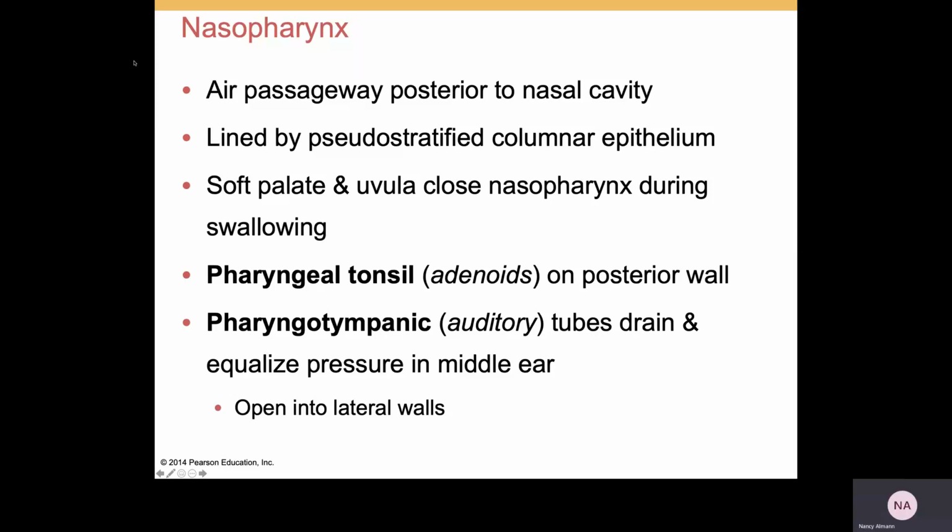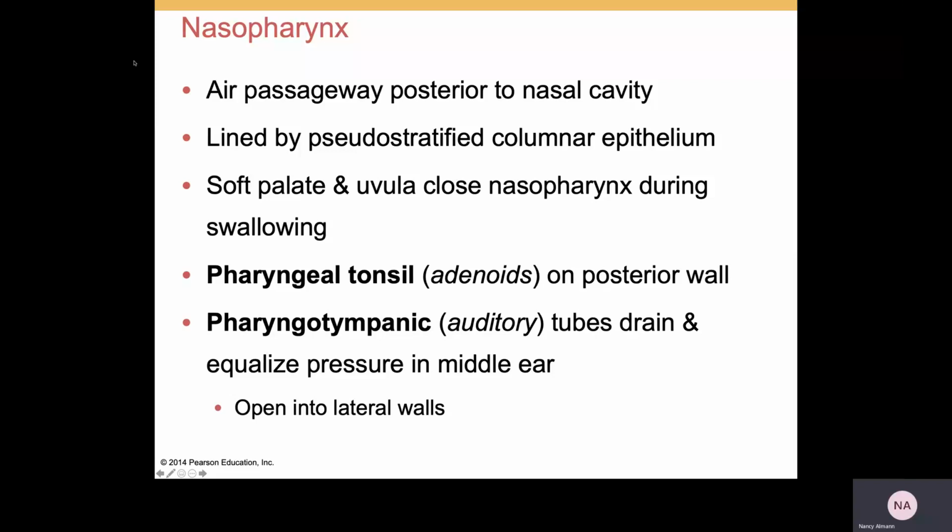So we know that the nasopharynx is going to be posterior to the nasal cavity. It is lined by pseudostratified columnar epithelium. The soft palate and the uvula close off the nasopharynx while you are swallowing. It will contain pharyngeal tonsils, also known as the adenoids, on the posterior wall, and the auditory or eustachian tubes will drain into and equalize the pressure of the middle ear.